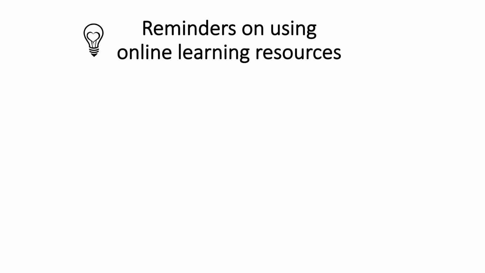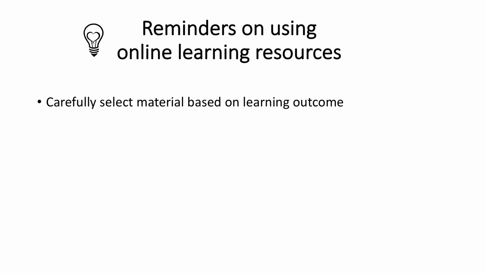Here are some tips or reminders on using online resources. First, you have to choose the learning materials based on the target learning outcome. Do not include materials that do not contribute much to the learning aim. If a material is not necessary but only nice for your students to know, you may include it as part of the resources for optional use by the students.